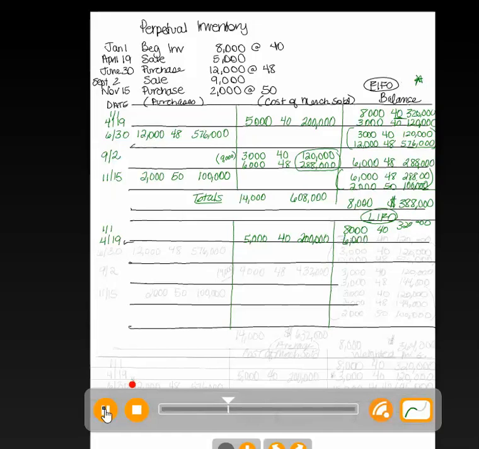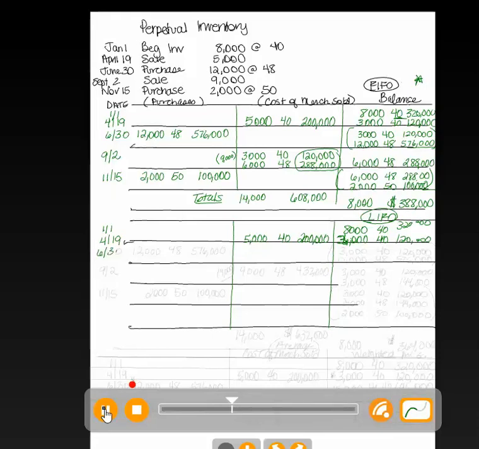with 6,000. Oh, excuse me, I did the math wrong. 8,000 minus 5 is 3,000. Can't read my notes. 3,000 units, $40 units. And when you multiply 3,000 times 40, hopefully that's 120,000.